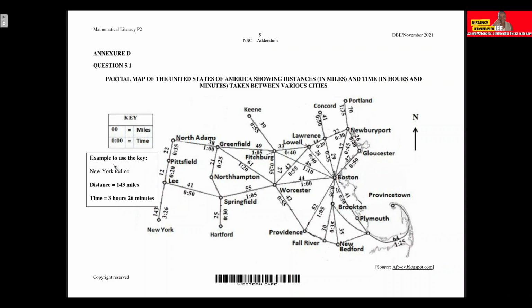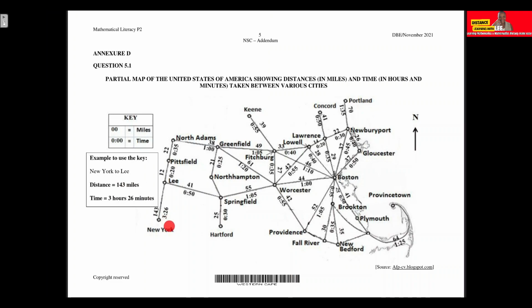Let's use the key with an example, New York to Lee. Here is New York, here is Lee. For you to move from New York to Lee, we're given the number at the top, which without the colon is just the miles.